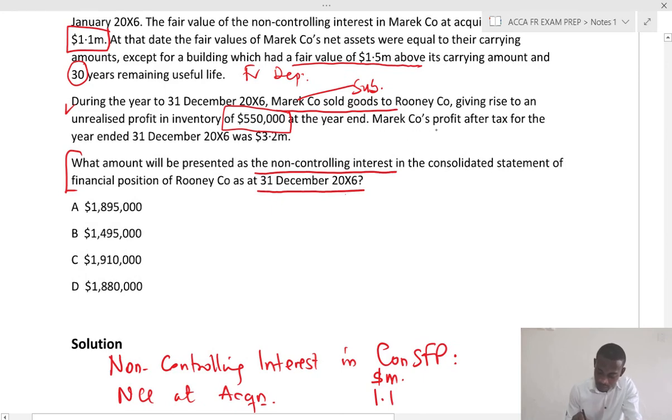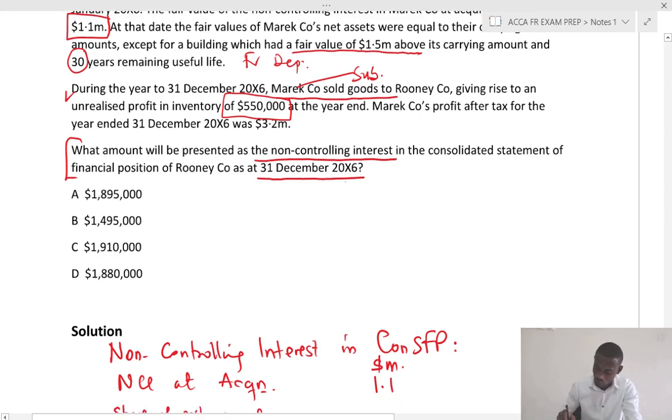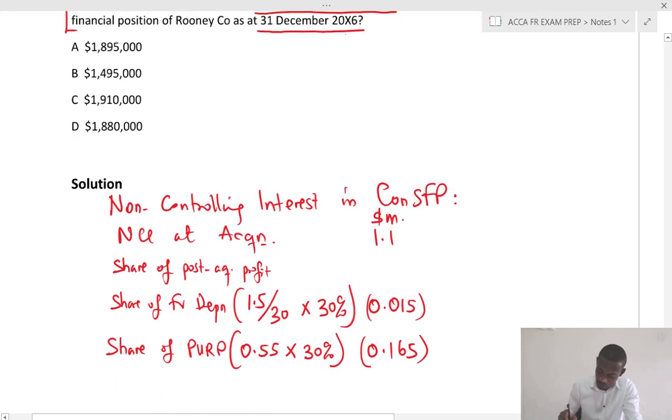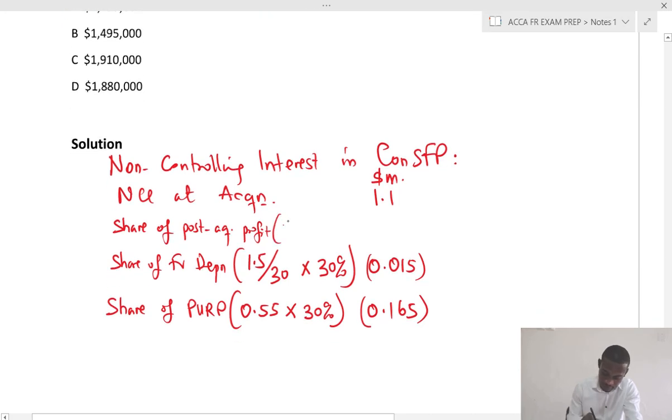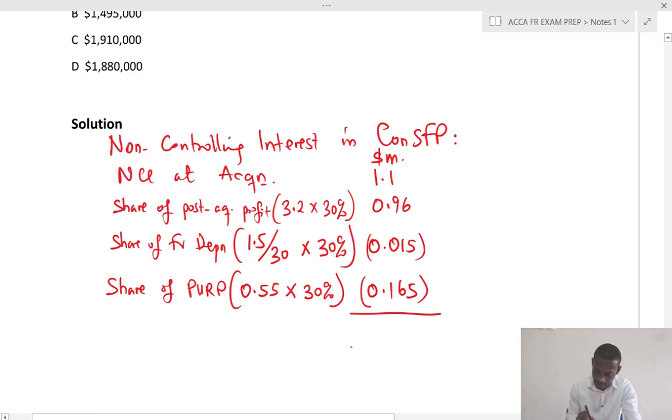Now, Marik's profit after tax for the year ended December X6 was 3.2. So their share of profit is 3.2 times 30%. Remember, it is full year, so we don't time apportion the profit, and that should be 0.96. So let's see the adjusted figure.